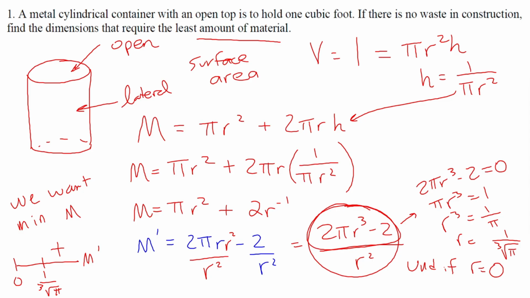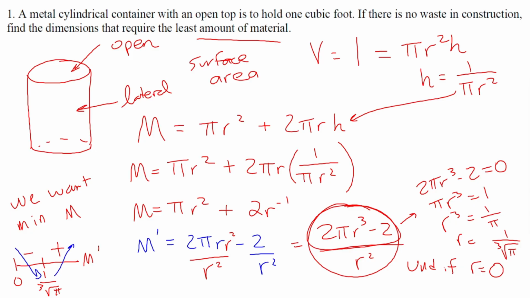Because 1 over 1,000 cubed is a pretty small fraction, and 2 pi times it is still going to be less than 2. So when I subtract, I'll get a negative, which means that my function does decrease and then increase, right? Because that's what my sign chart is telling me.